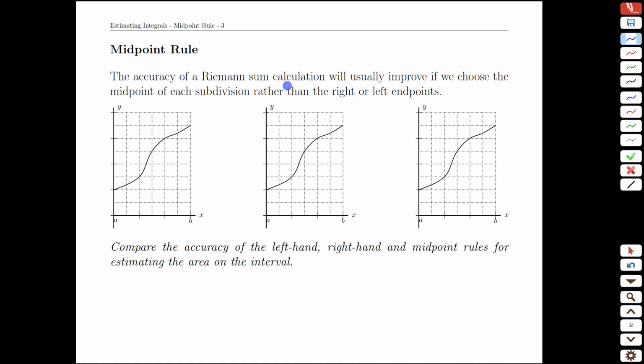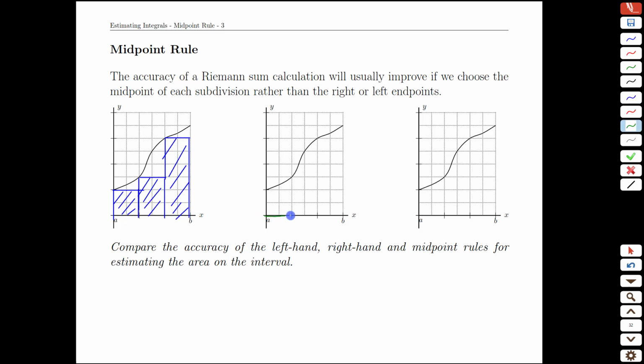The motivation here is that if we look at a function like this, and we contrast what we get when we look at the left-hand rule, let's do this with 3 big intervals here. The left-hand sum is represented by the area underneath these rectangles.